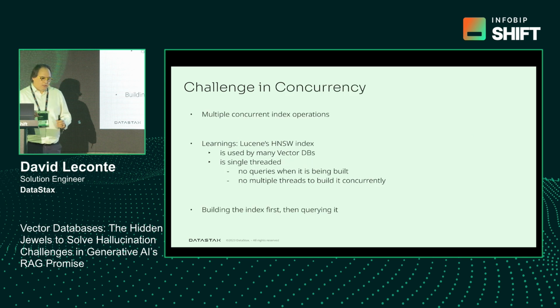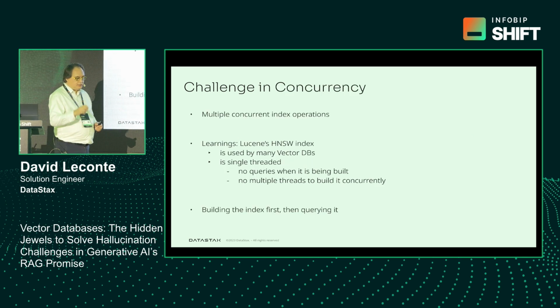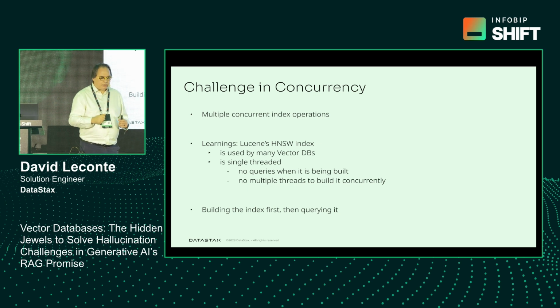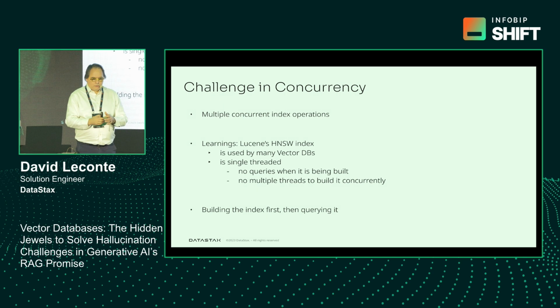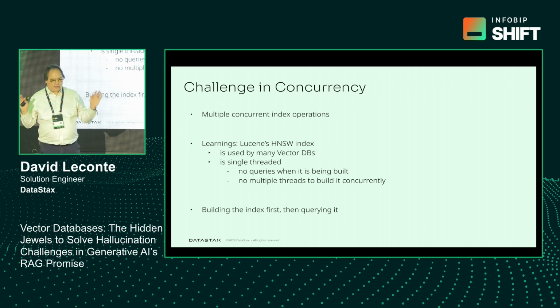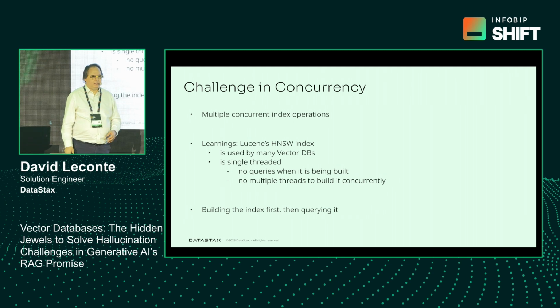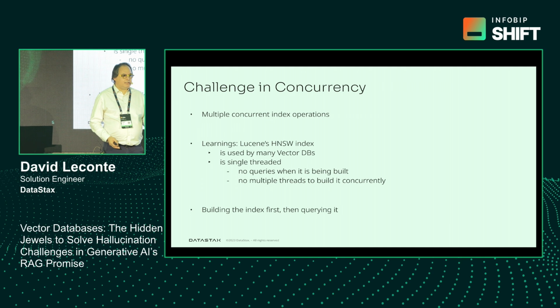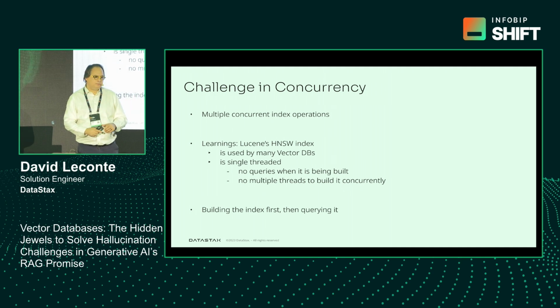So another issue is about concurrency. Because when you index a vector, of course, with a batch type of approach, on a small data set and so on, that's very easy. But now consider the enterprise considerations in terms of real time, in terms of data volume, in terms of concurrency.